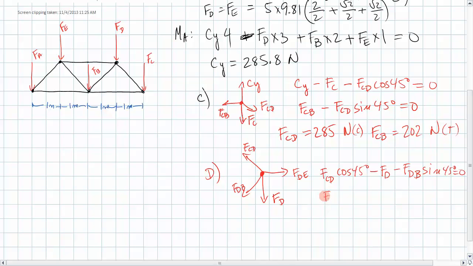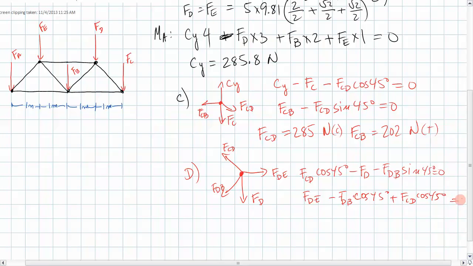And then FDE minus FDB cosine of 45 degrees plus FCD cosine of 45 degrees, and that is equal to 0.